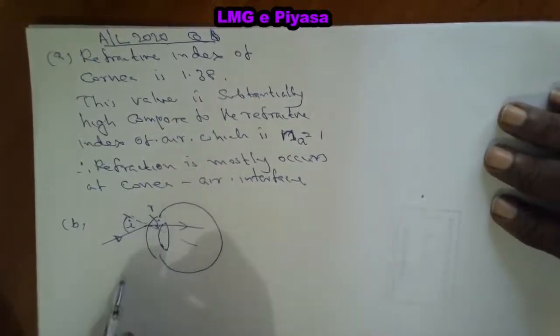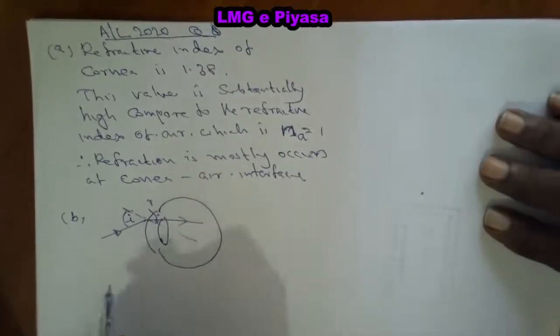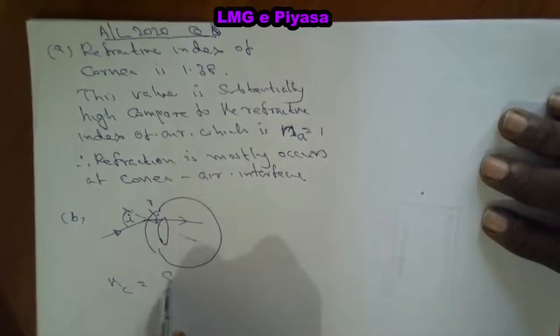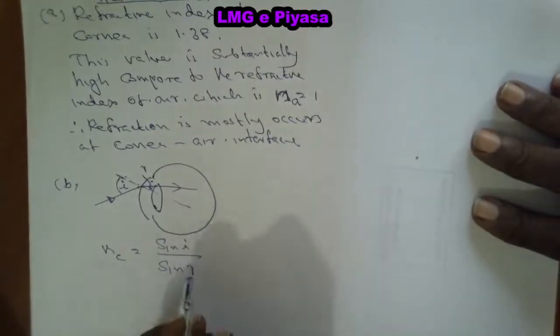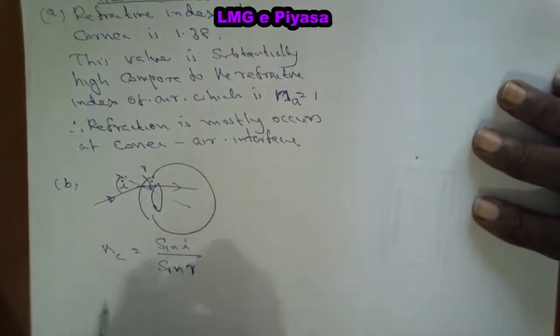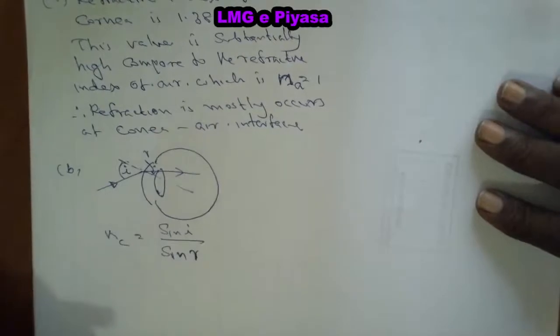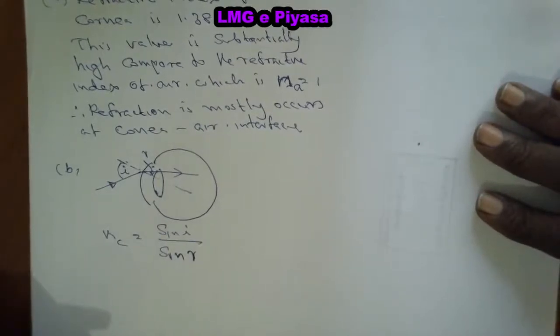Then you can write down Snell's law. N_C equals sin I over sin R, right? Sin I over sin R. Is it clear? Yes, sir. Right.